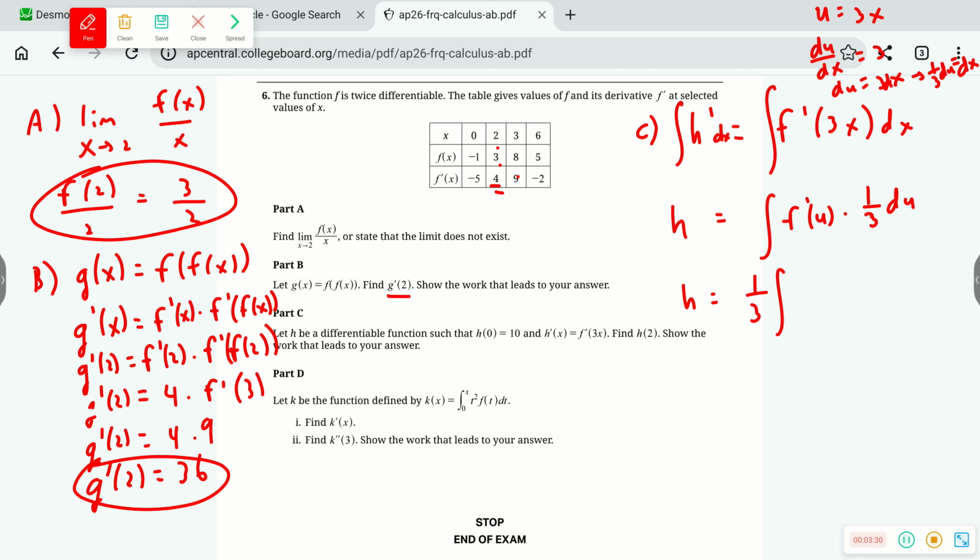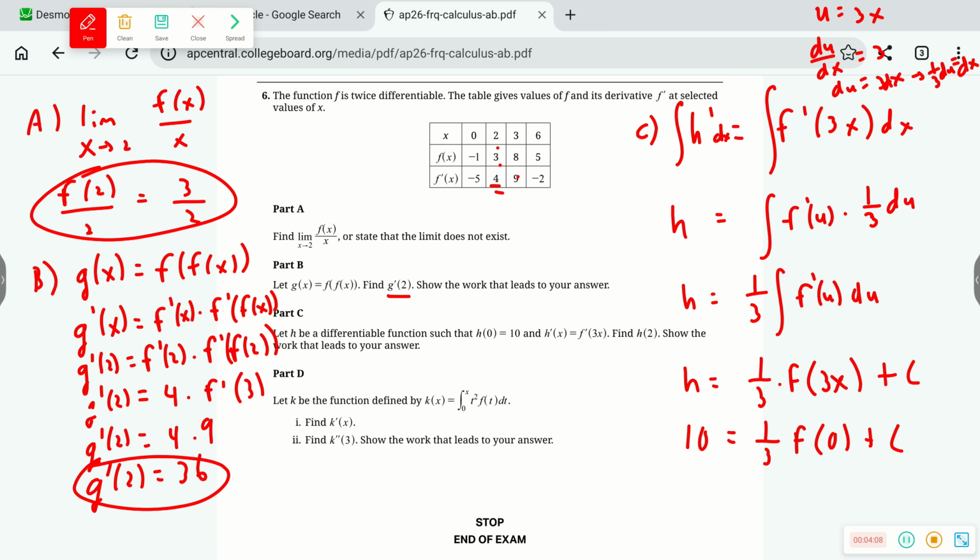Well, let me just do this first. That would be 1/3 of f of u, and f of u is f of 3x, right? And we'll just put our c right here. Since h of 0 is 10, I'm going to put a 10 here, and I'll put a 0. Now we could have had c on the other side. It will be the same thing. Put a 0 right there. So 1/3 f of 0 plus c.